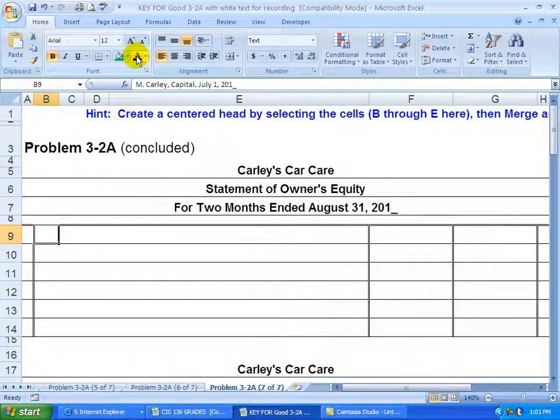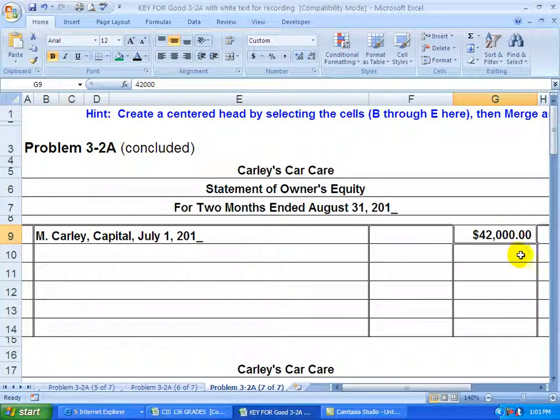You always start with the capital on the first day of the fiscal period. So for July and August, the capital would be the capital balance on July 1st. And you would look at your general ledgers and see what the balance is there. If you had any additional investments, they would also be listed here, but we don't. So we're going to skip that.